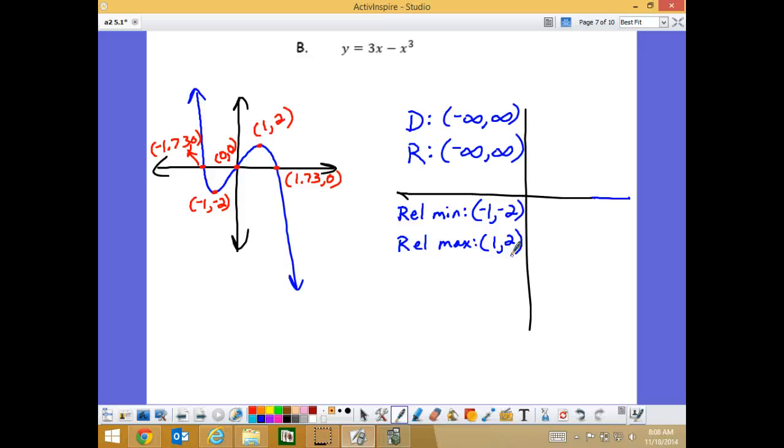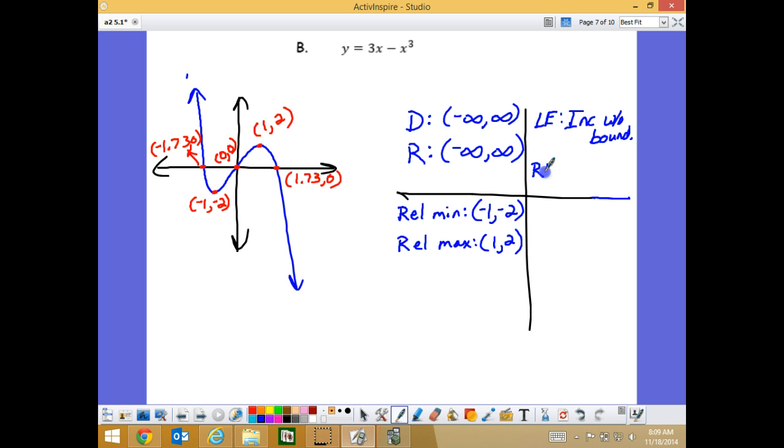And the next one, end behavior on the left end. The left end is going up. It's going up and up and up. So on the left end, it is increasing without bound.